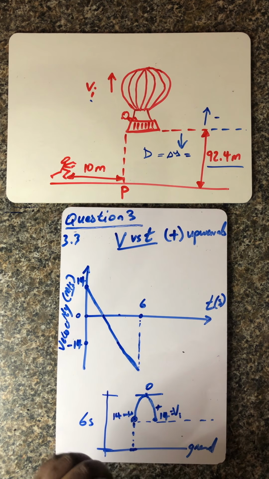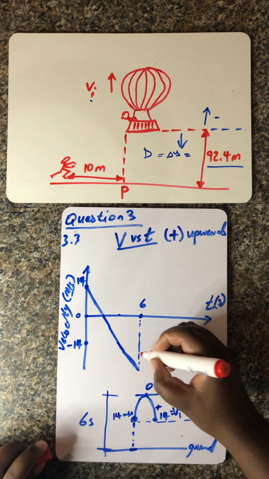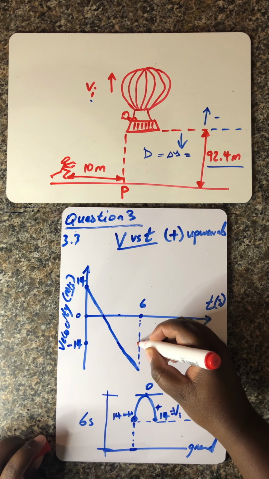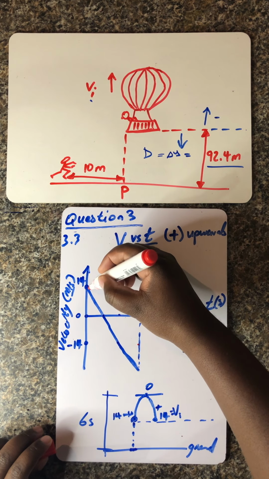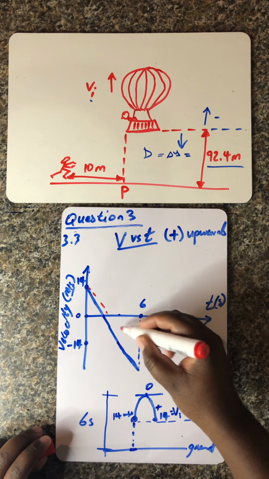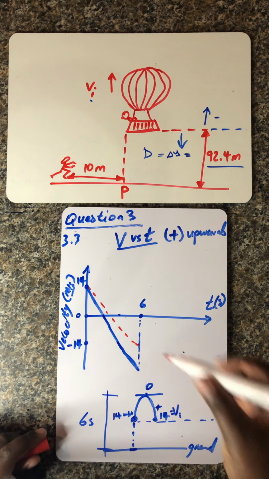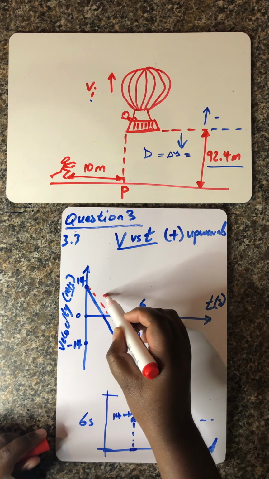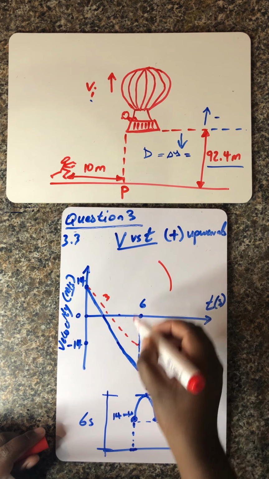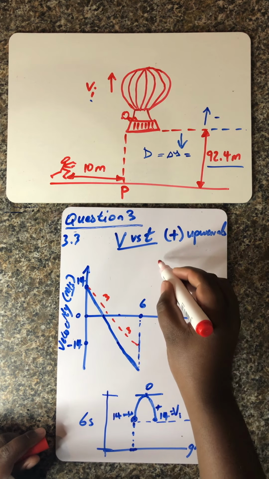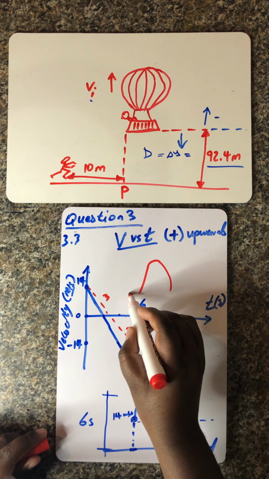So what I'm trying to say is you shouldn't have a graph which looks like that, as an example, as a solid line, because it seems as if it took 3 seconds to go up and another 3 seconds to come down to that same level.